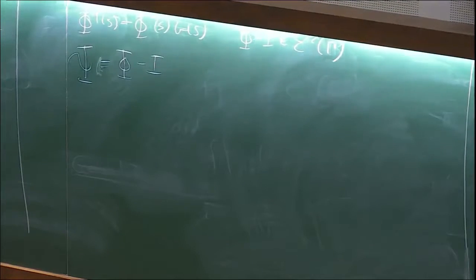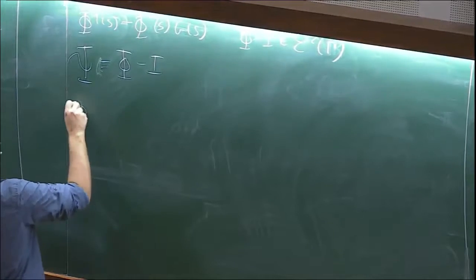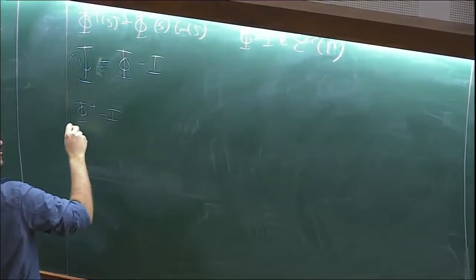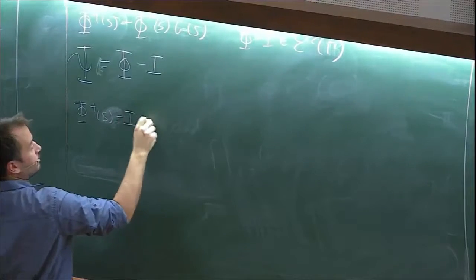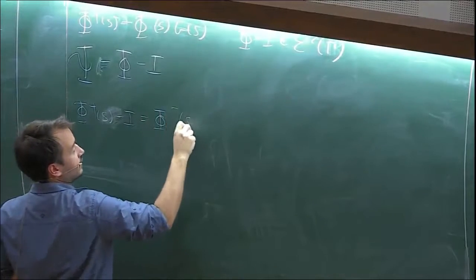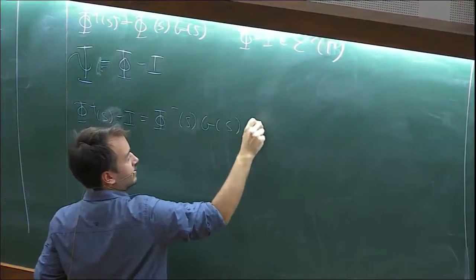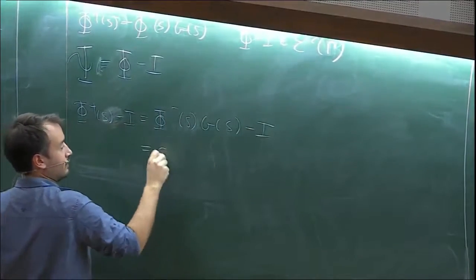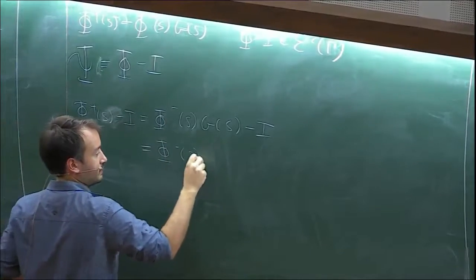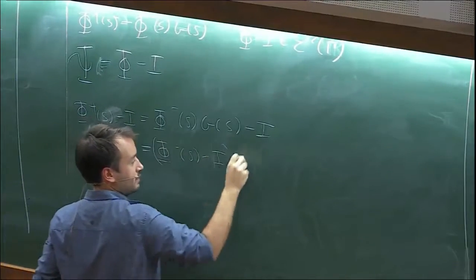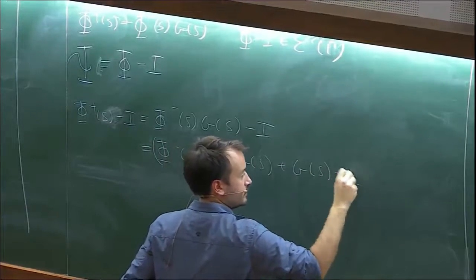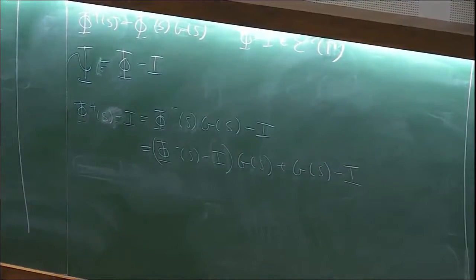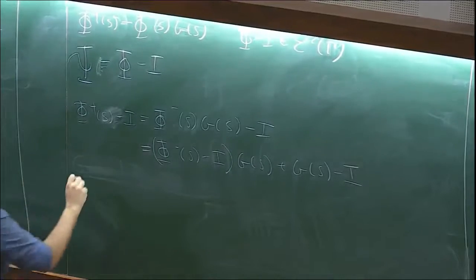Then we rewrite the jump condition for psi. So we get phi plus minus I equals phi minus of S, G of S minus I, and I write this as phi minus of S minus I. Now I write everything in terms of psi.